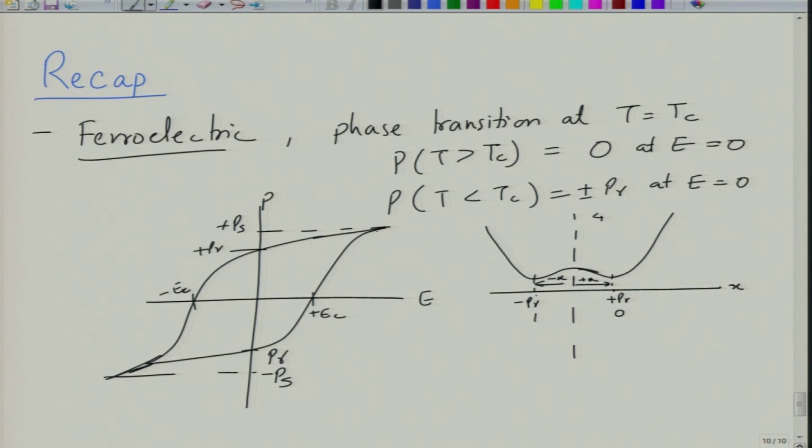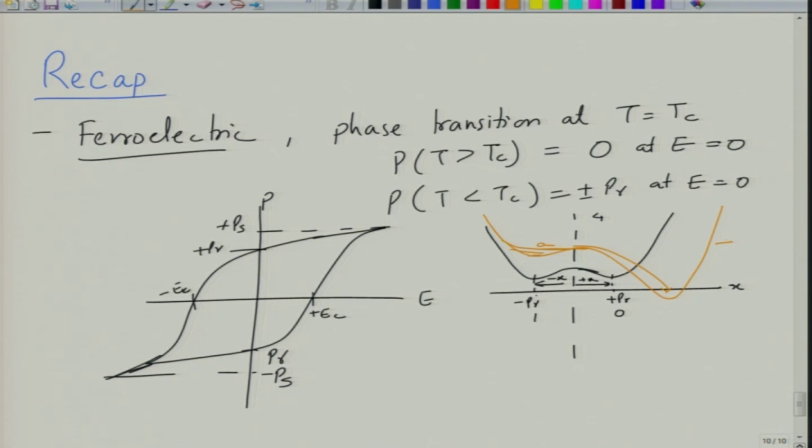And this switching behavior of a ferroelectric can be explained in terms of change of free energy wells. So at very high field the wells will become like this, okay. So all the atoms from here will jump into this.